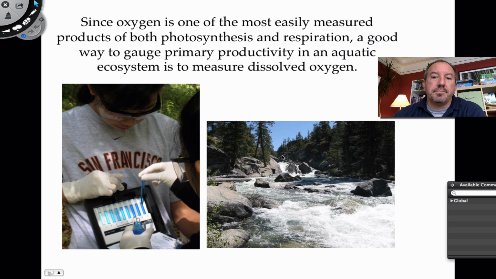And so check this out. So say that this is a river in question, and we're kind of curious about primary productivity in the river. Okay, so this happens to be the Merced River in Yosemite Valley. And since oxygen is the easier thing to measure, we have the ability to use some chemical means.